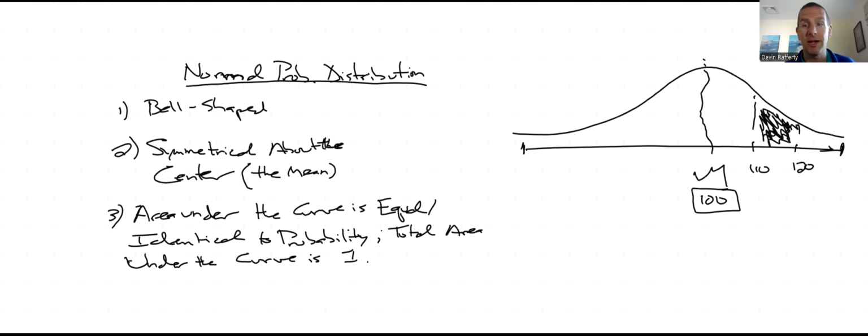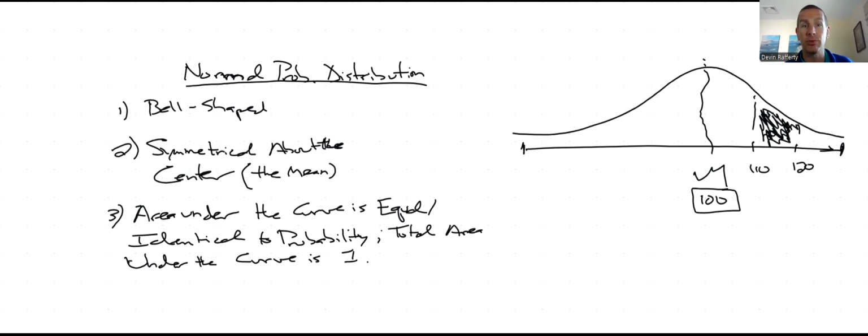In other words, I want to find out the probability of this interval occurring. Well, how would I find out the probability of this interval occurring? Hold on a second. Wait a minute. I know. Probability is the same thing as area under the curve.